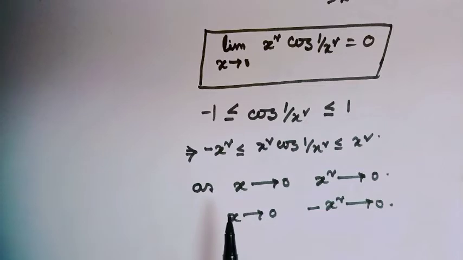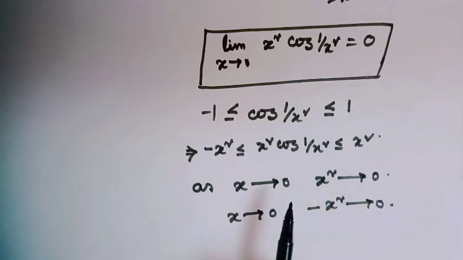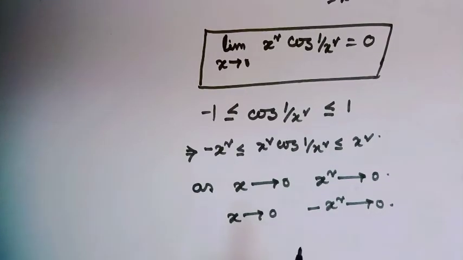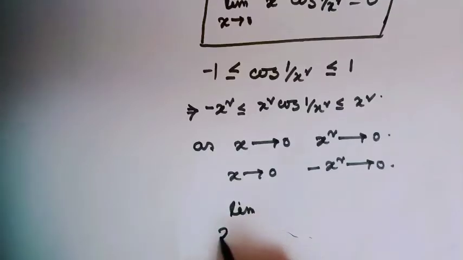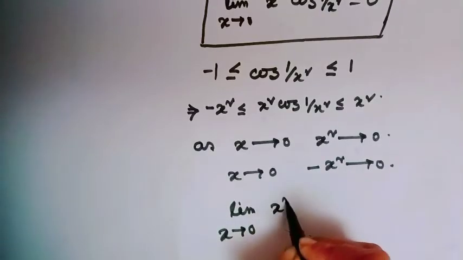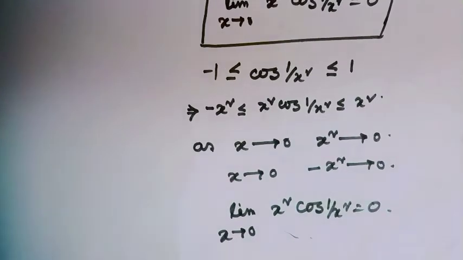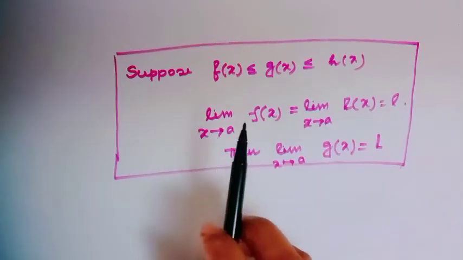That means both these limits approach 0. Therefore, we can conclude the value of x squared cos(1/x squared) as x goes to 0 will be 0. That means we can write the limit as x tends to 0 of x squared cos(1/x squared) is 0. Alright. Let's see the proof of the squeeze theorem.